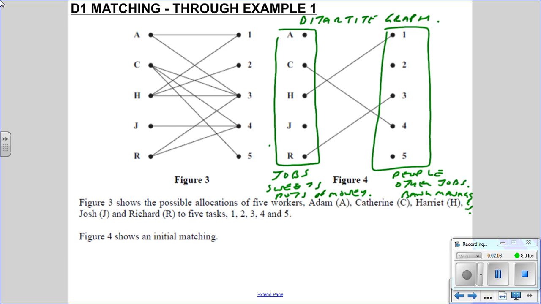You need to make sure that every single person has a task, or every single task is being allocated to a person. Okay, so in a bipartite graph, you can never have H connected with J or 1 connected with 3. You see? You can only connect between one half and the other half.